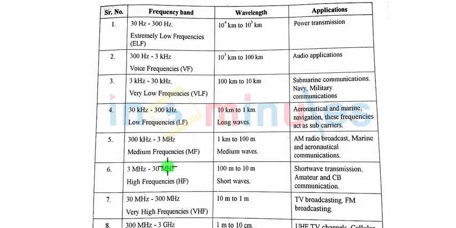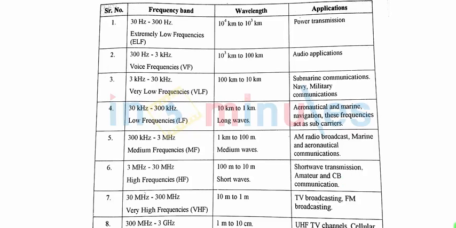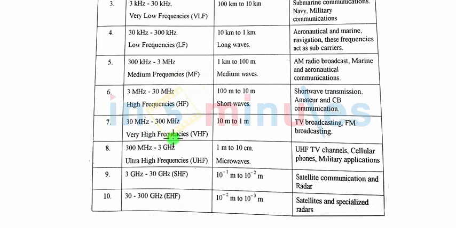3 megahertz to 30 megahertz can be used for shortwave transmissions, amateur and CB communication. Next, 30 megahertz to 300 megahertz has another very famous application of FM broadcasting. I'm sure everyone must have used FM radio stations. All the FM radio stations will be present in this range.